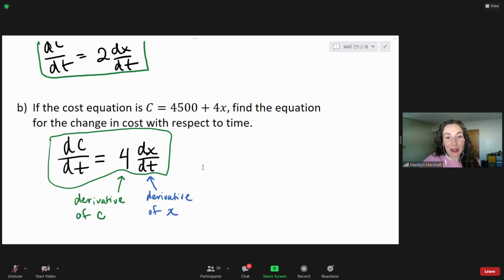So these are both cost equations that are just a linear equation where we have a coefficient of x.